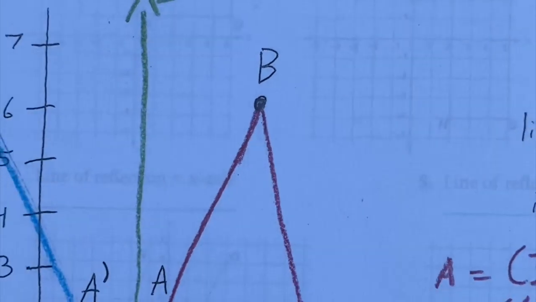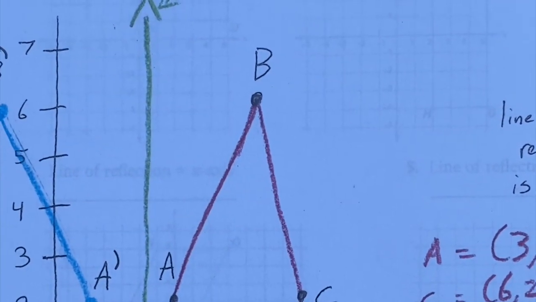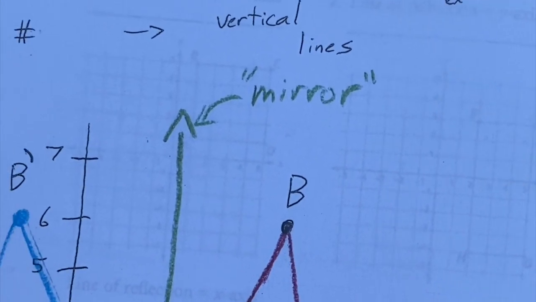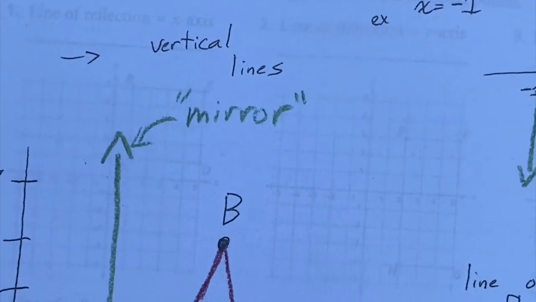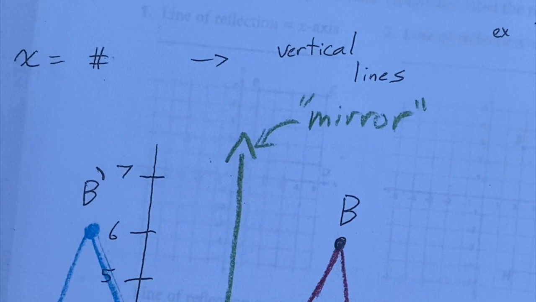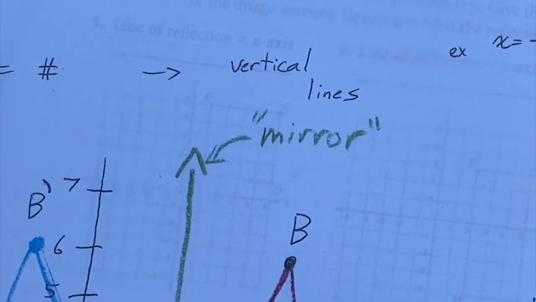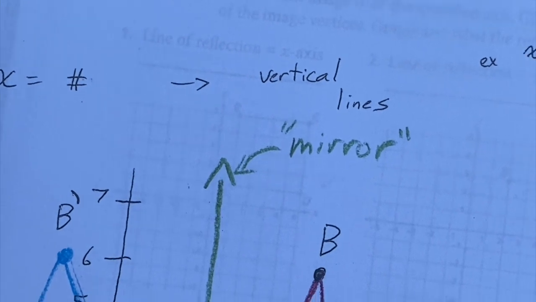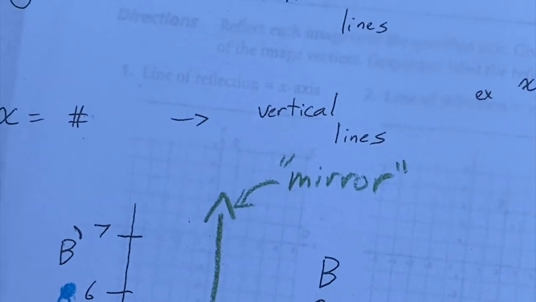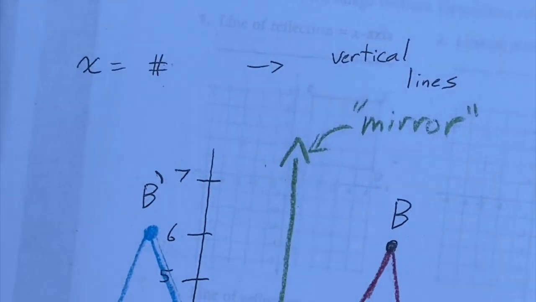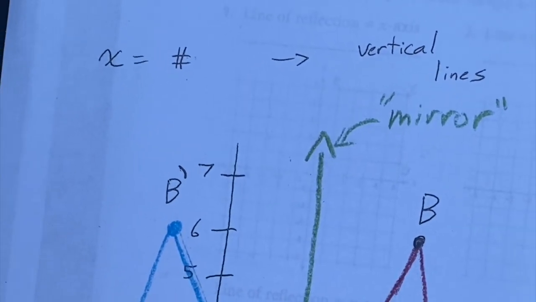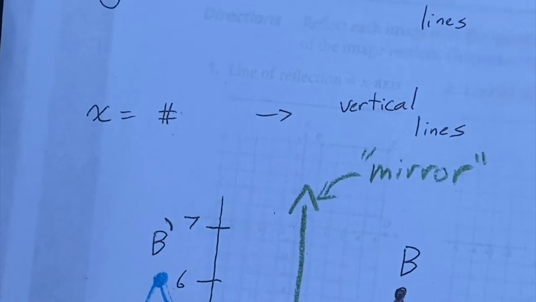Now that we have the digits for how far away each of the points from our red object are to the mirror, we take that same distance from each point and move it over to our reflected image. So A from the mirror was 1, so we start at the mirror and go 1 in the opposite direction, and then we have the placement for A's reflected point, which is A prime.